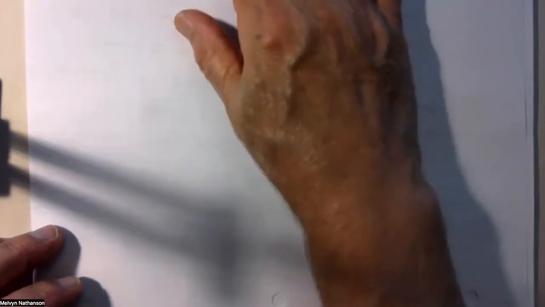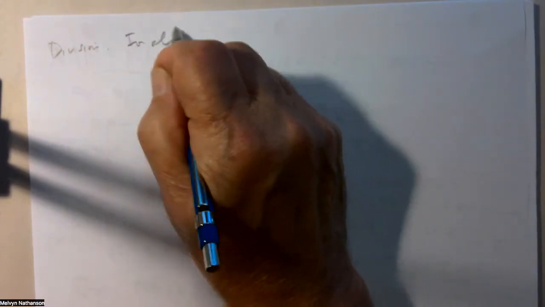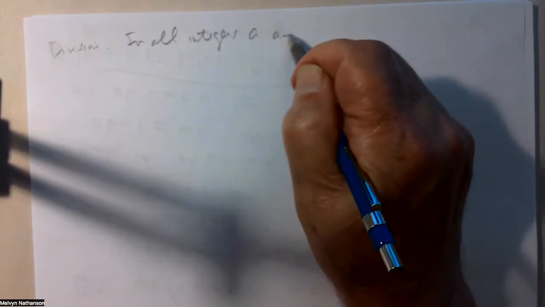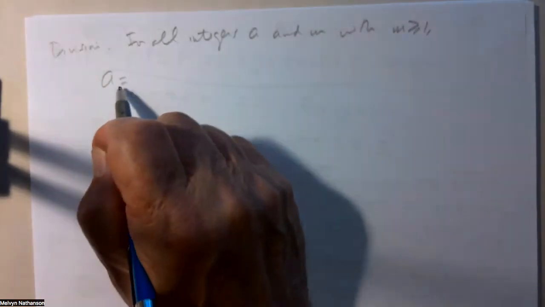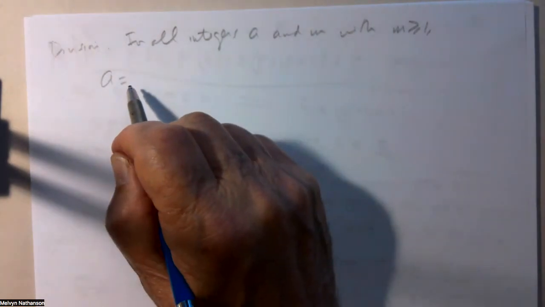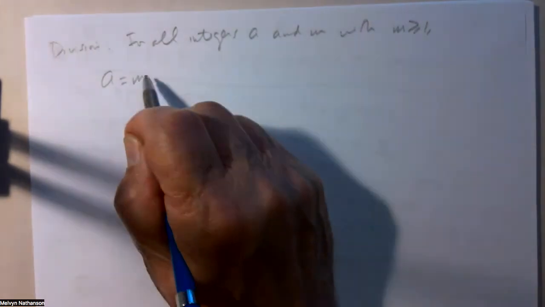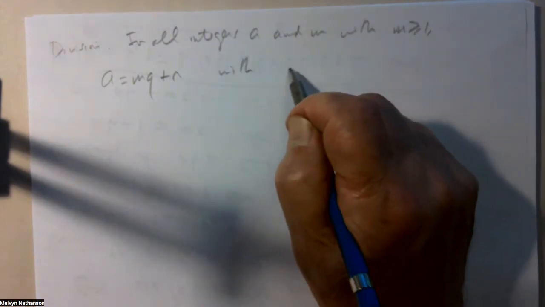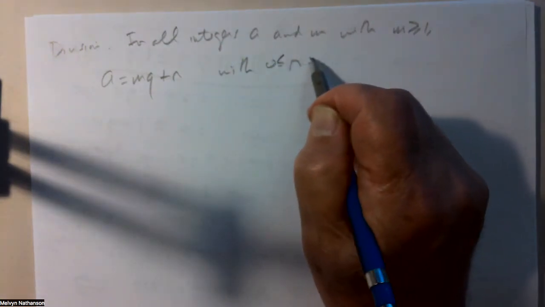If you remember the division algorithm, so this long division, for all integers A and M, with M positive, if you divide, you can write A as M times a quotient Q plus R, with this integer R between 0 and M minus 1.